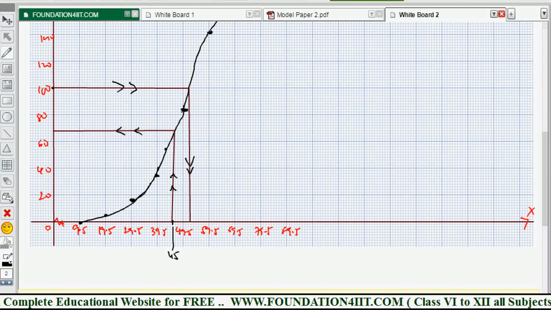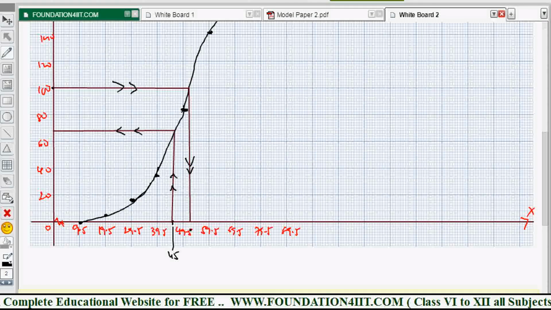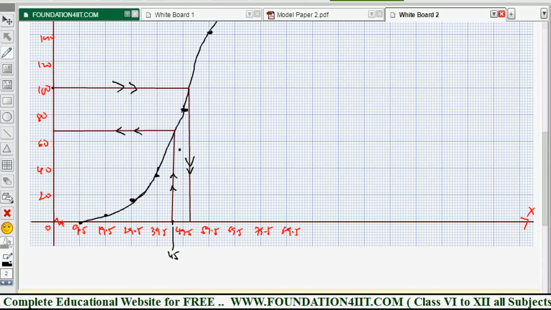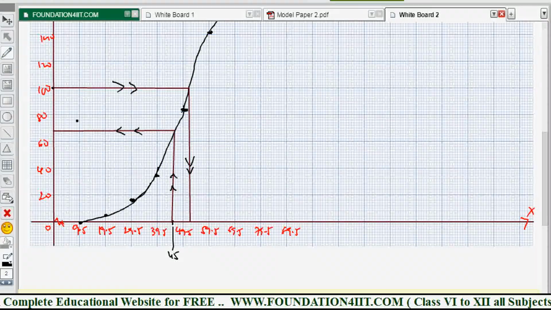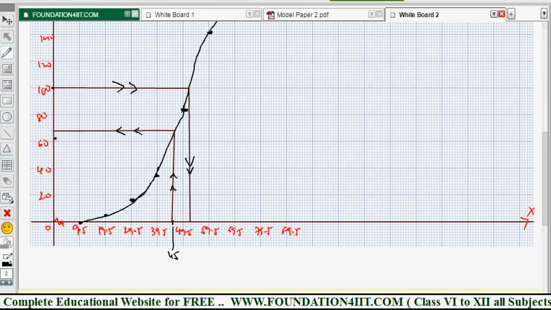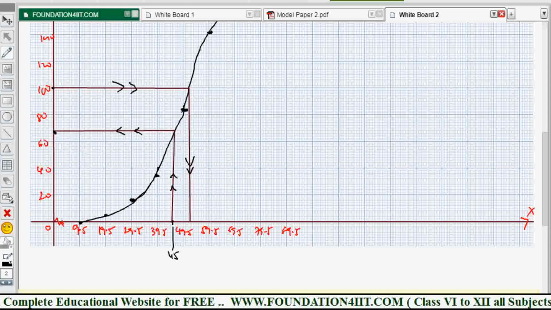When you observe this, from this ogive, the number of students getting 45% or less, because it is a less than ogive, is where it touches. 60 means 2 units, so 62, 64, 66, this is 68, next third line, fourth line. So 68.